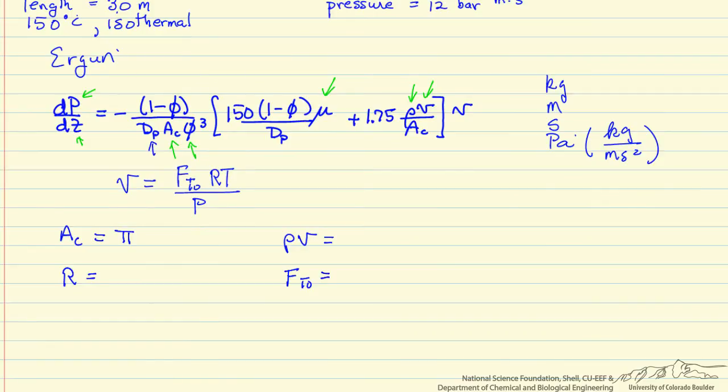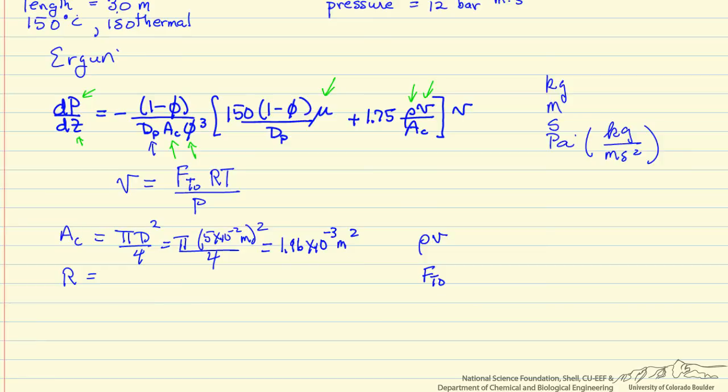the equation. The area of the tube, pi times the diameter of the tube squared over 4. We look up the gas constant, 8.314 meter cubed pascals per mole Kelvin. Rho V is going to be rho 0 V0.